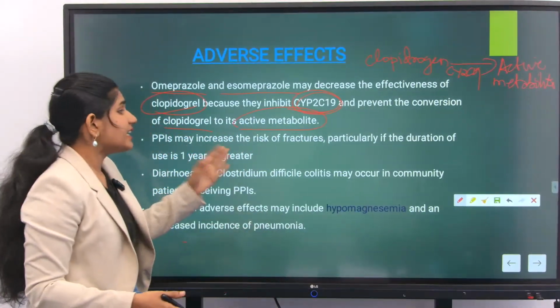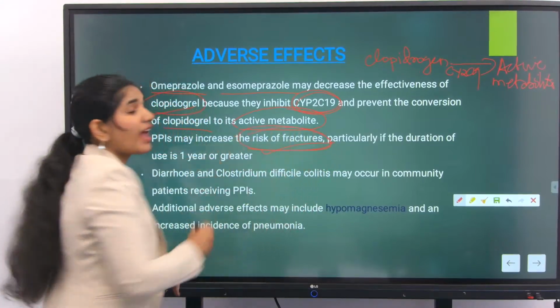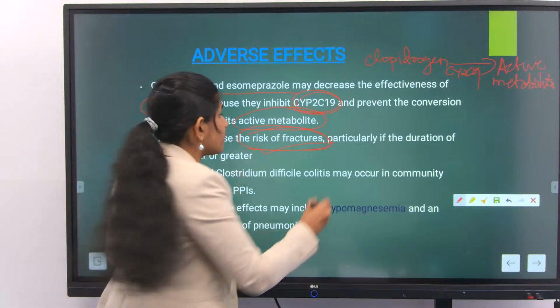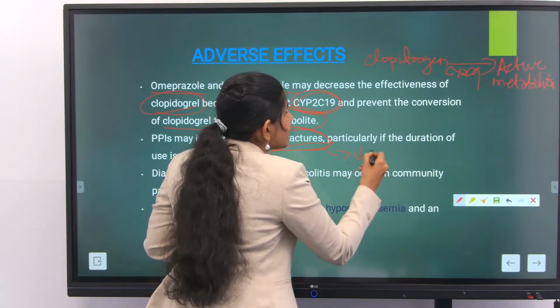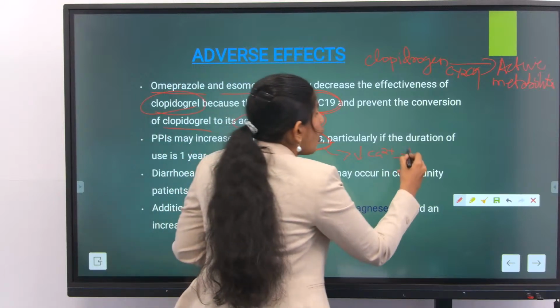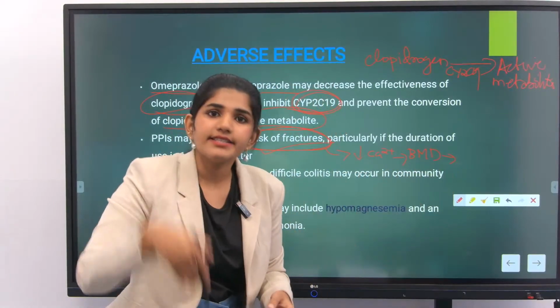And PPIs may increase the risk of fractures. How? They can decrease the absorption of calcium, and thereby decrease our bone mineral density. What happens if the bone mineral density is decreased?